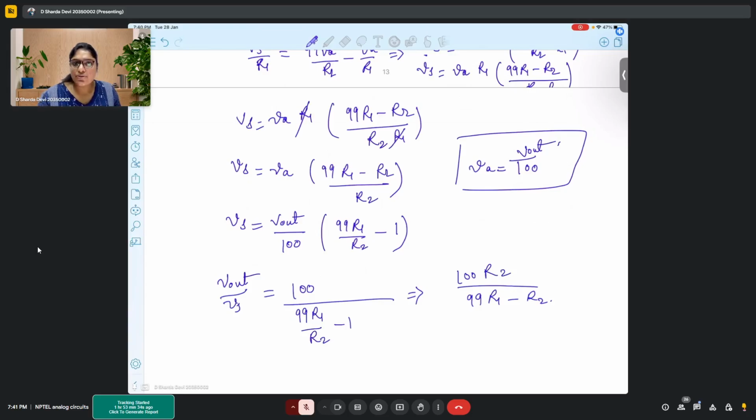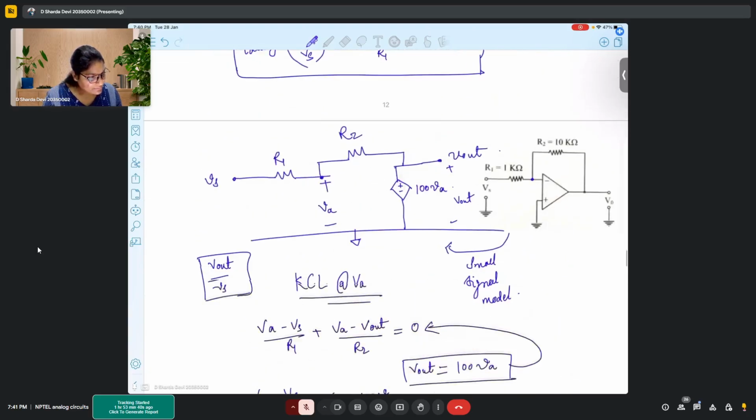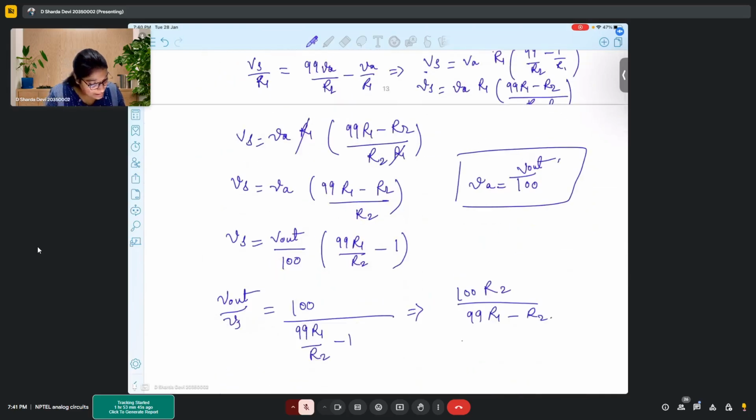We know the values of R1 and R2, right? How much is that? R1 is 1K, R2 is 10K.